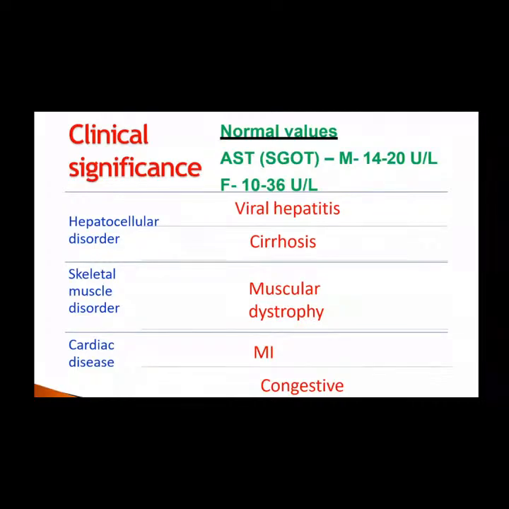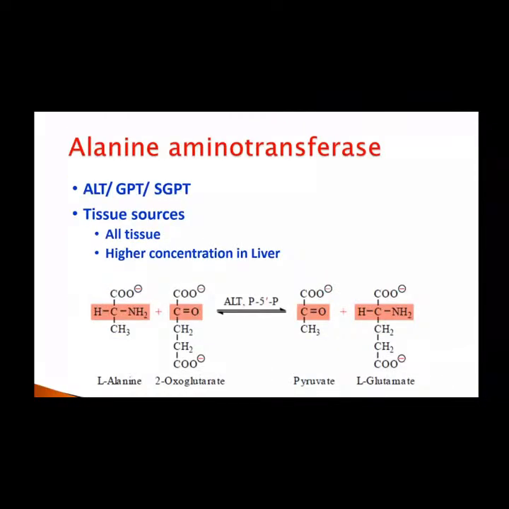It indicates viral hepatitis, cirrhosis, and also muscular dystrophy, that means muscle damage, and MI, that is myocardial infarction, so a heart attack, or heart failure. To indicate these diseases, the enzyme AST, AGOT, is increased.